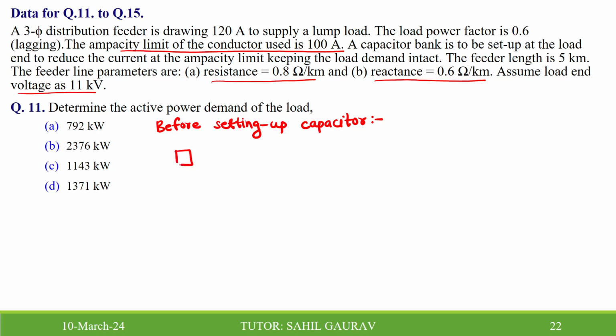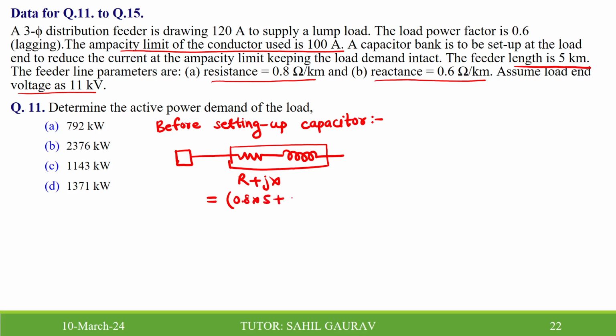So this is the substation. This is the feeder having this resistance and inductance, R plus jX. It is given as 0.8 ohm per kilometer and the length is given as 5 kilometer. So it will become 0.8 into 5 plus j 0.6 into 5 ohm.